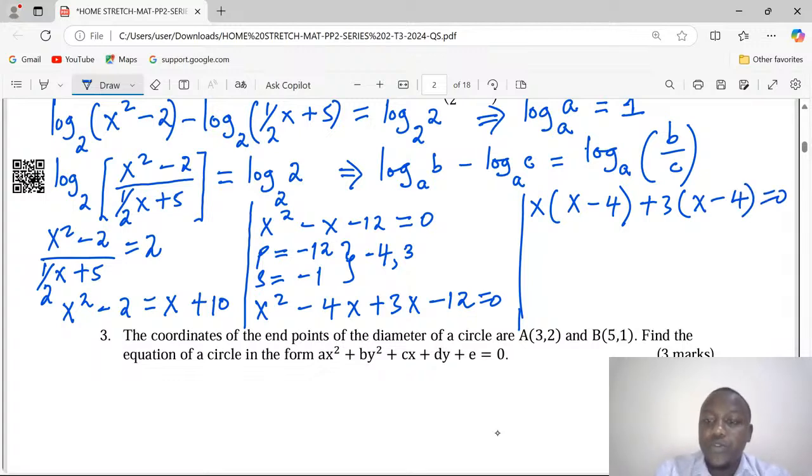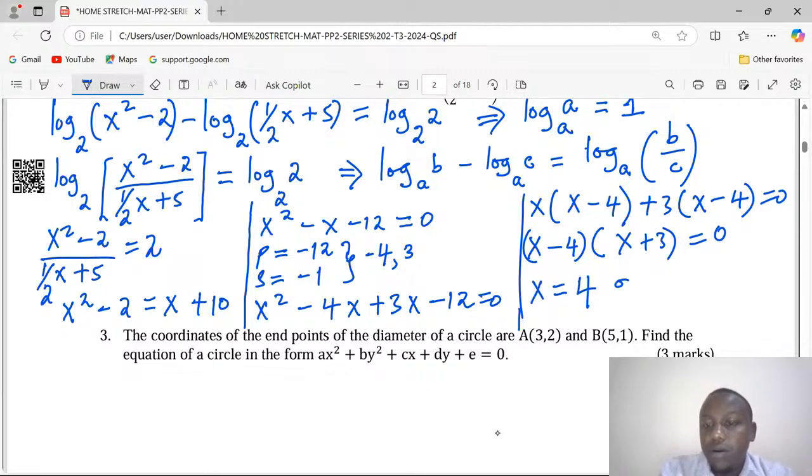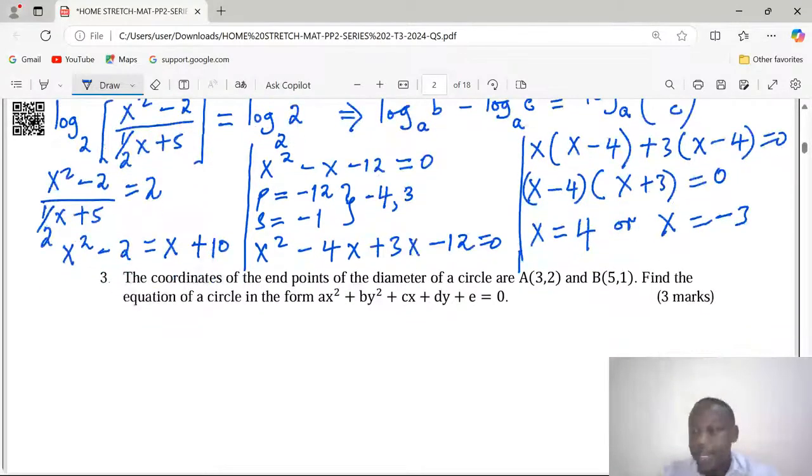This is equal to 0. So from the brackets, we get the common factor, x minus 4, and outside the brackets we get the other factor, x plus 3. This is equivalent to 0. So from the first factor, x equals 4, or from the second factor, x equals negative 3.